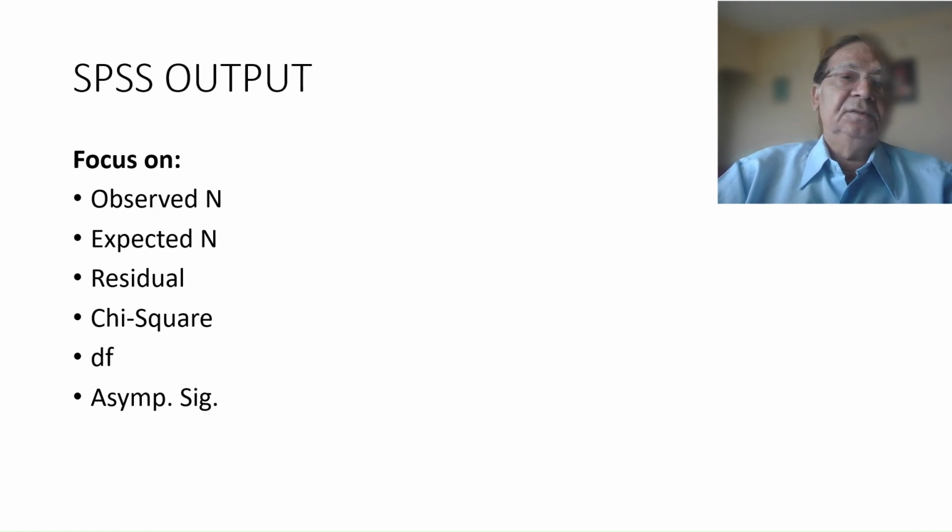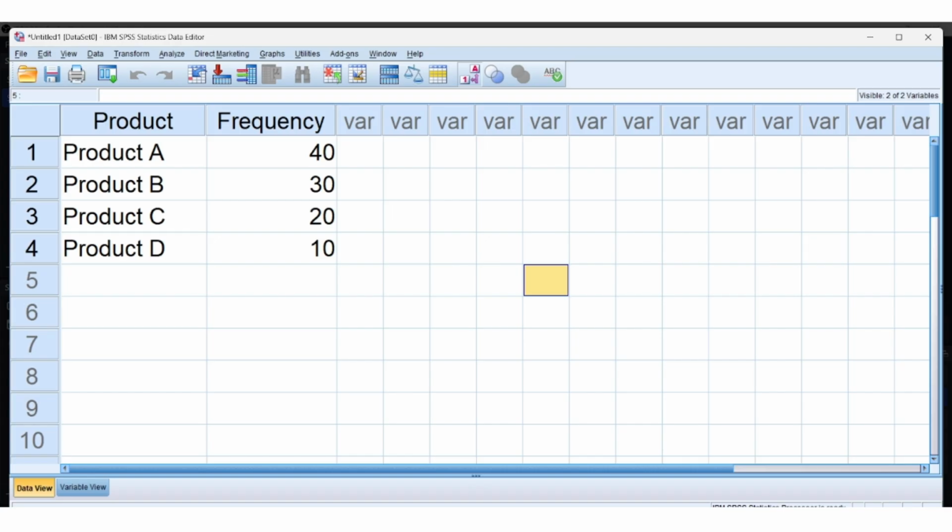Work on SPSS. We started SPSS and entered 2 variables, product and frequency. We have got the frequency of product A 40, product B 30, product C 20, product D 10.